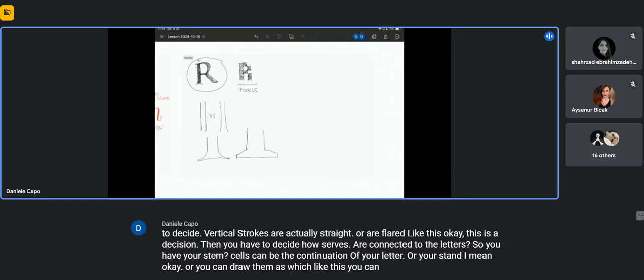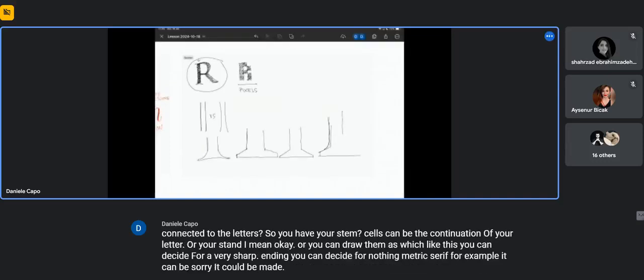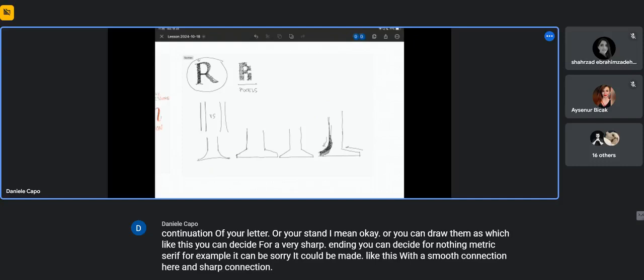You can decide for a very sharp ending, or it can be made like this, with a smooth connection here and a sharp connection here.